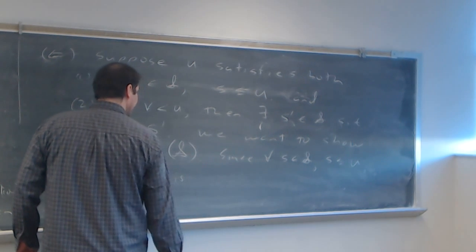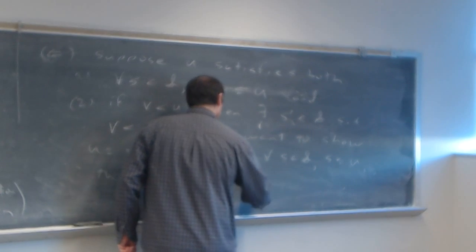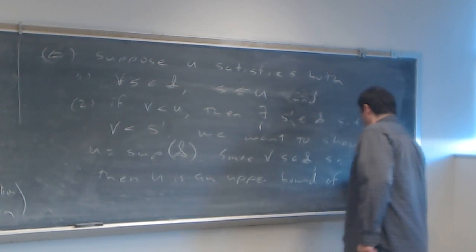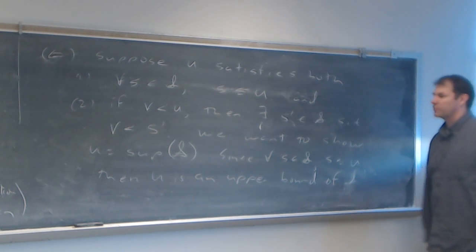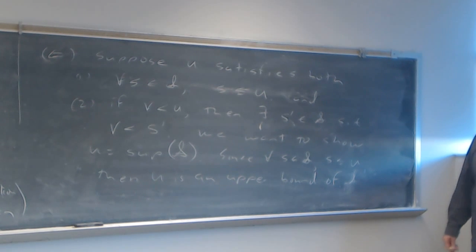If U is bigger than everything in S, then U is an upper bound of script S. And that's the first thing that needs to be satisfied for you to be the supremum. What was the second thing in the definition? It's the least upper bound, meaning if you give me another upper bound, it's going to be bigger than you.